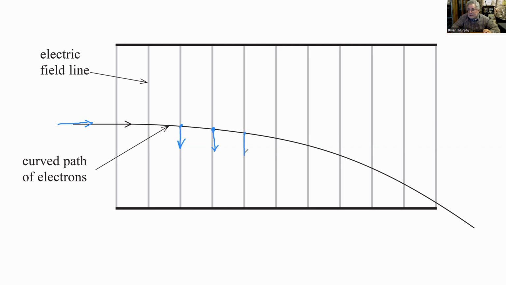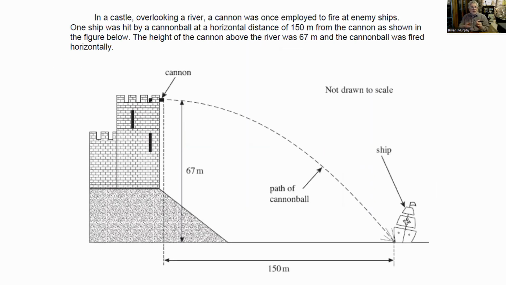We're going in the opposite direction, because the electron's negative. So wherever it is, it experiences a force downwards. So the shape of that trajectory is the same as the trajectory of a cannonball, if you like, being fired horizontally from the top of a castle.